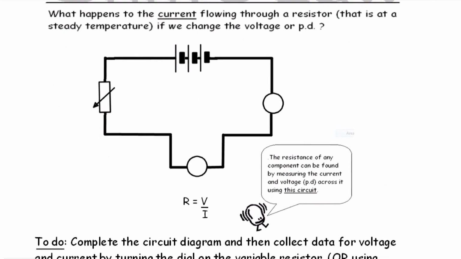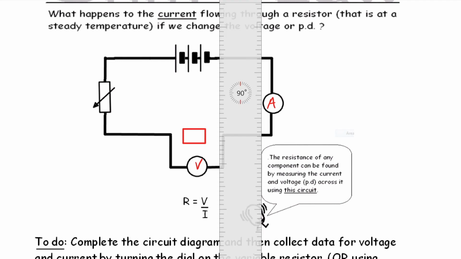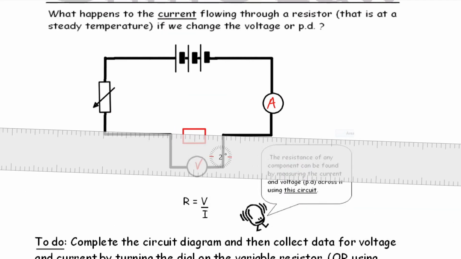So as a starter then, the component under test in this case is a resistor, so that goes there. And we just label ammeter, voltmeter, just as we've done a few moments ago on the previous page.